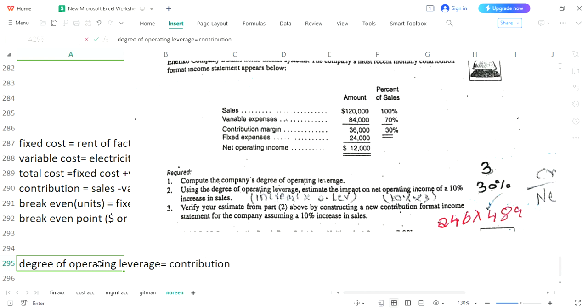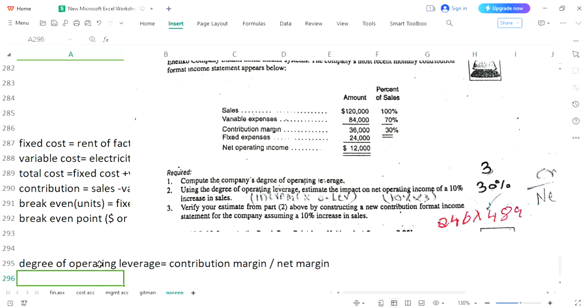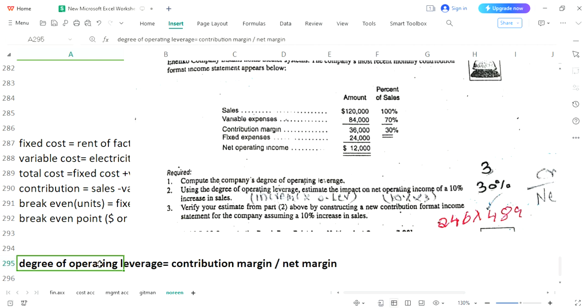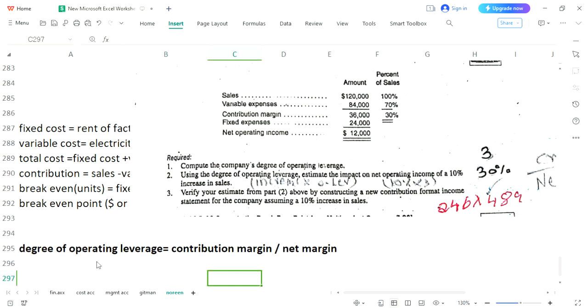Calculate it first, and divide it by net margin. For that you can make your contribution margin income statement, with which you will be able to calculate both. When contribution margin is divided by net margin, you get your degree of operating leverage.